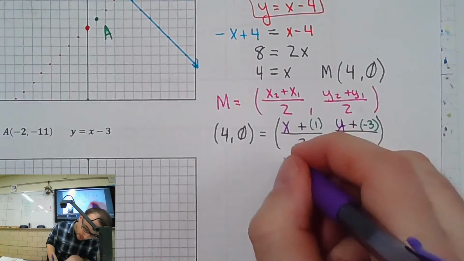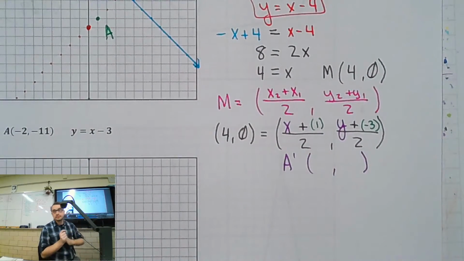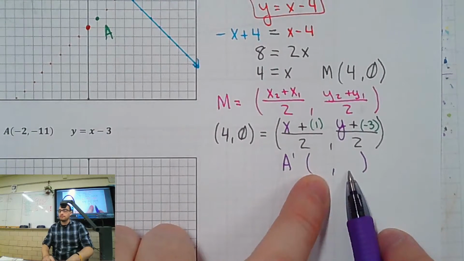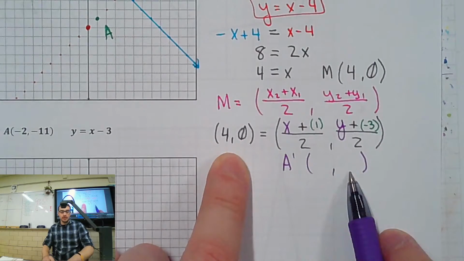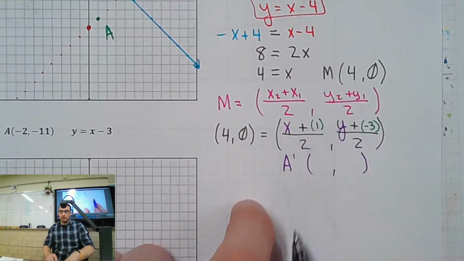That's going to be our A prime. That's what we're looking for. The x and the y there is going to go here. So see where I plugged that stuff in and why I plugged it in where I did. That's the midpoint, so it goes for M. It's a coordinate. This whole thing is a coordinate as well. That's the x part, that's the y part.